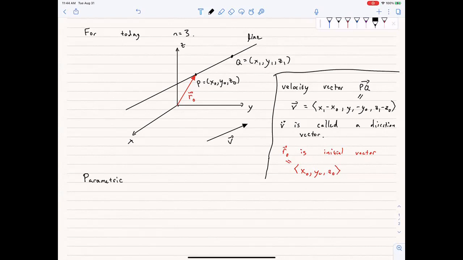This is called a vector parametric equation for the line. Let's call this line L. So we'll call it R of t. And so we start at our starting point, R naught, that describes the endpoint, and then we add how far we've gone, t times v. This is our equation.